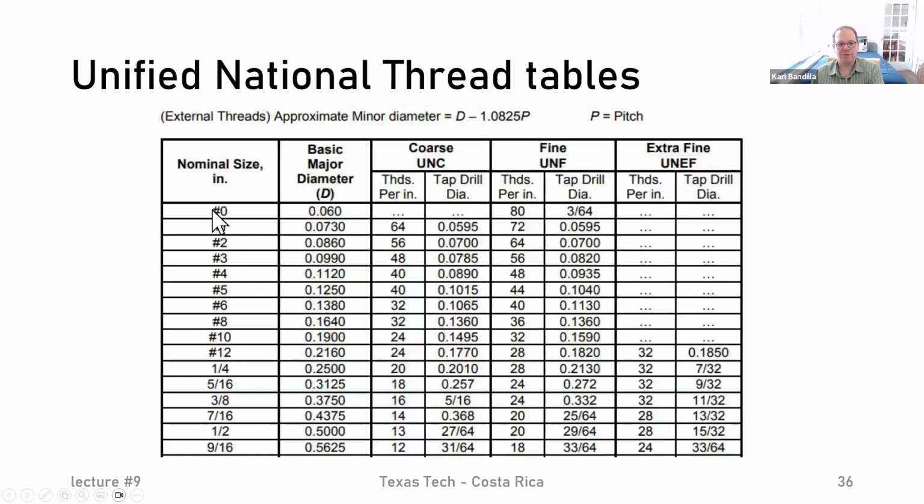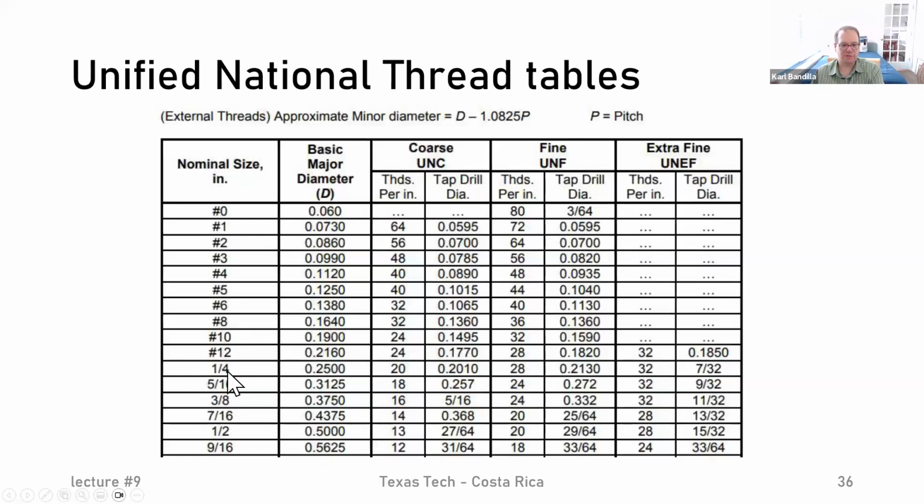You will see that the nominal size is given in inches. However, if there's a little number in front of it, that means that it's not inches. Those are just numbered. These are the very small ones, because the smallest other one that we get is 1/4. If you want to go down into these, these would be very strange numbers, so that's why they're given as 0 through 12. So be careful to look at that.